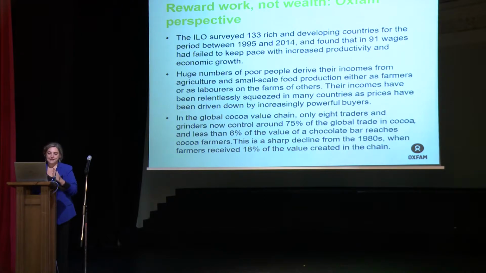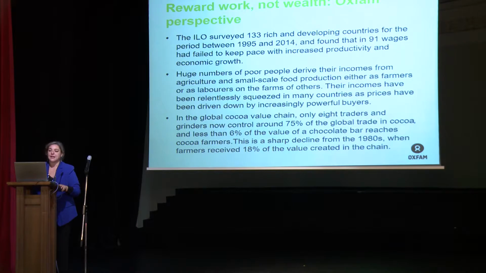So we see a situation where salaries and wages are not keeping pace with increased productivity and economic growth.